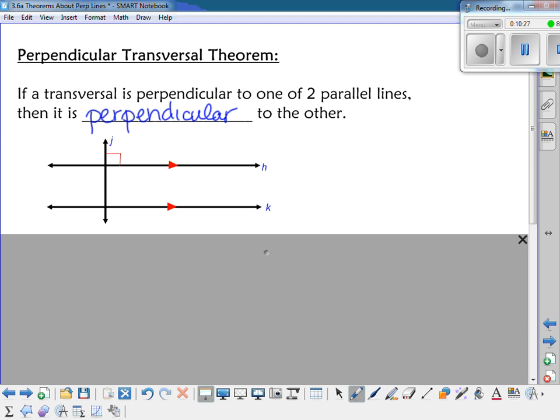So what you would have to be given in this situation is that line J is perpendicular to line H, and line H is parallel to K. If you have those two things true, then you can say that J is perpendicular to K by the perpendicular transversal theorem.